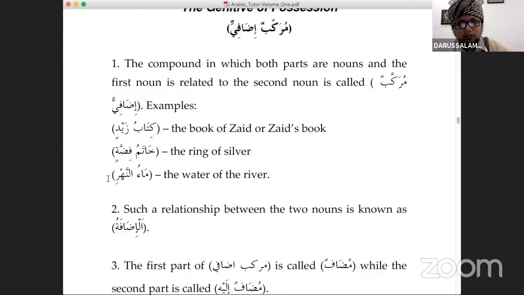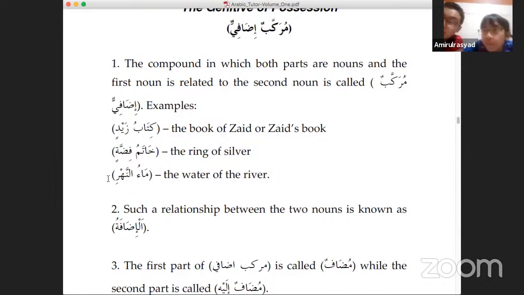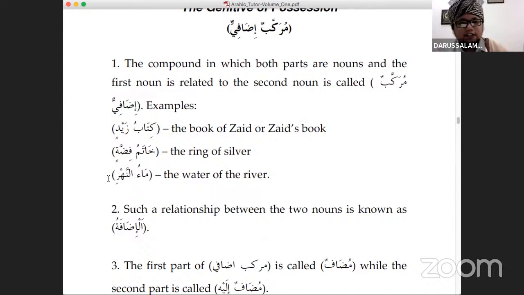So when you translate it into English, you say the first word, then you put "of", and then you say the second word. Kitabu Zaidin: the first word is kitab, the book, then "of", the book of Zaid.